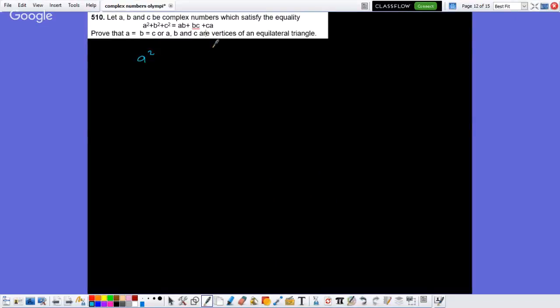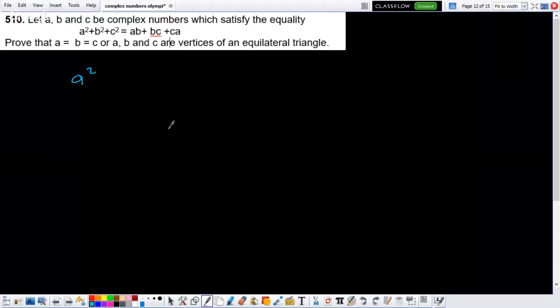A squared plus b squared, we know that it's equal to, if I do it like this, a squared plus b squared is equal to ab plus bc plus ca minus c squared.